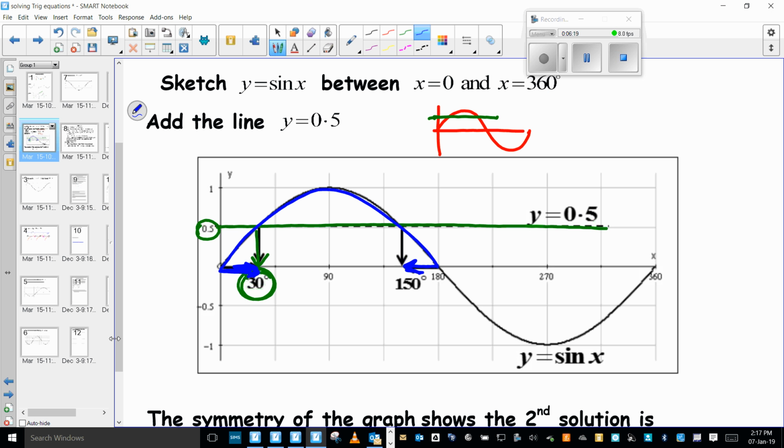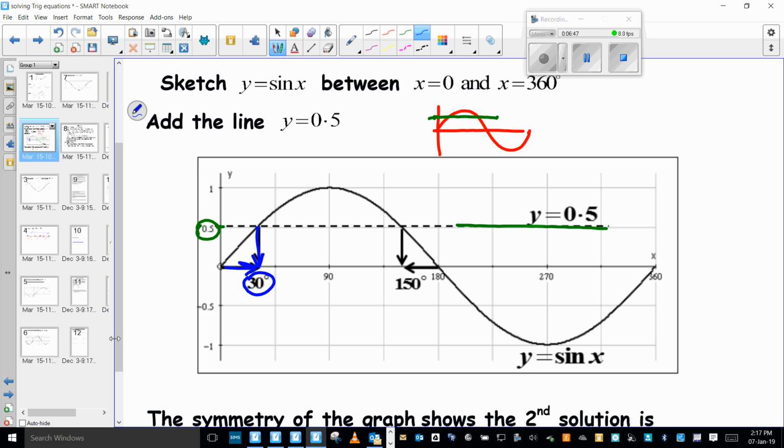Can you say that again, please? So our calculator gave us a value of 30, yes? So we know that this arrow here, where it first hit it, must be 30 degrees. Yes, because we drew our horizontal line, it meets our graph at this point here, so that one must be the 30 degrees. Makes sense because it's a small number.